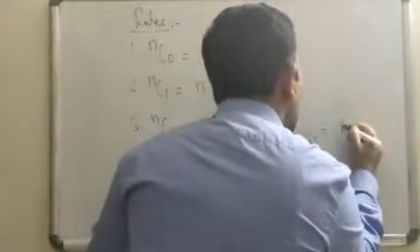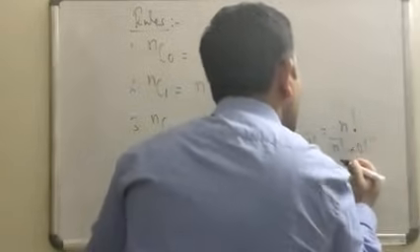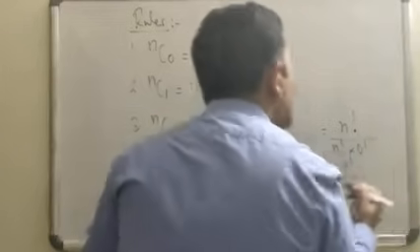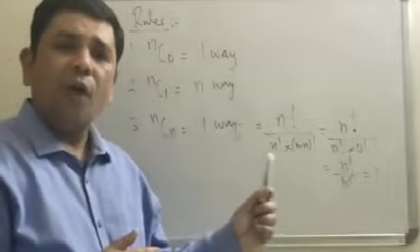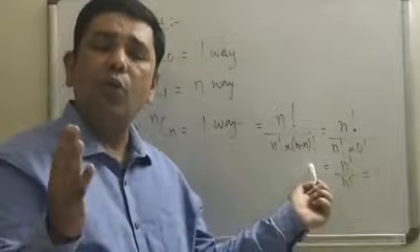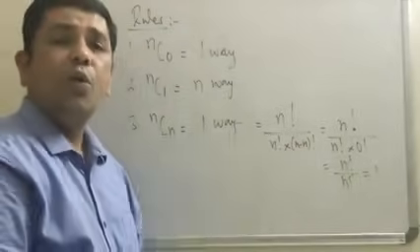So what you will have? You will have n factorial upon n factorial into 0 factorial. So you will have n factorial upon n factorial, which is 1. So I'm just sharing with you that obviously you can verify all these, but how logical it is to understand that nCn will be equal to 1.